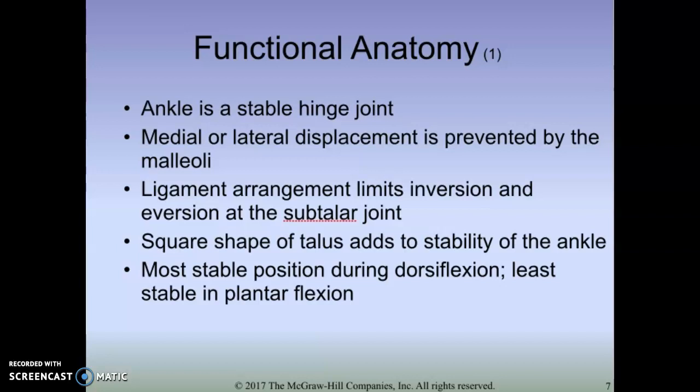Mortise is the term that we use for that ankle joint. And the most stable position for that mortise joint is when you're in dorsiflexion. Remember, dorsiflexion pulls that talus up into the mortise. That's a compact, stable position. And remember, when the talus drops out of that mortise in plantar flexion, it becomes unstable.